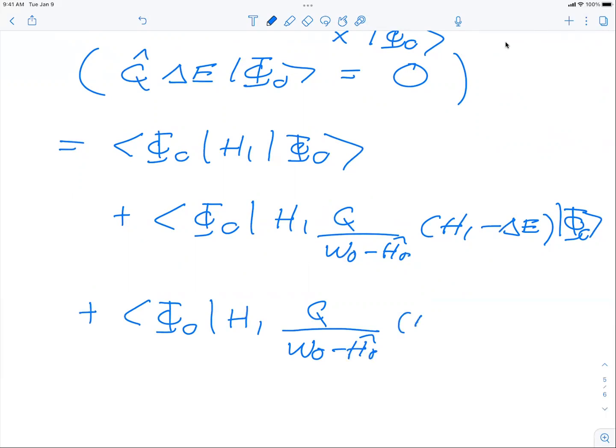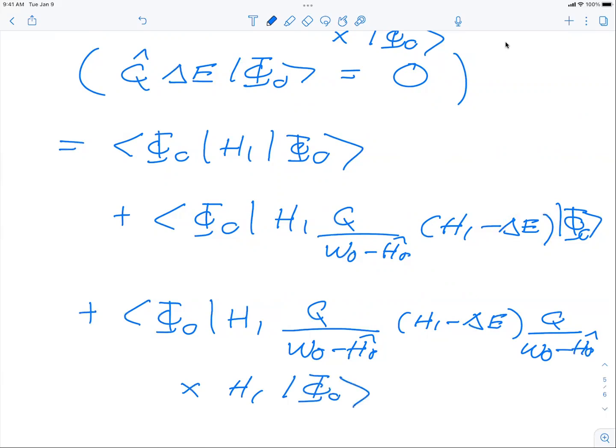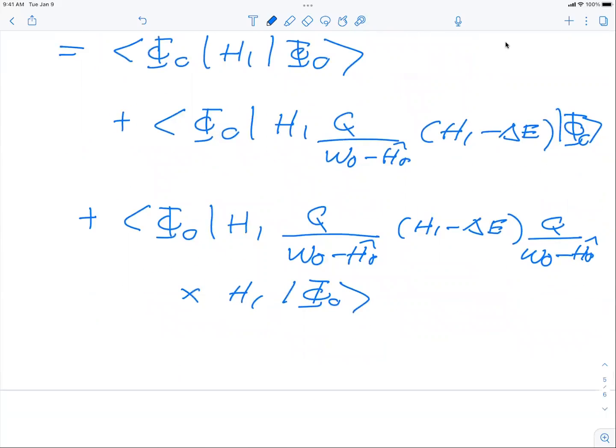And now we're going to have H of I minus delta E. And then we have a new term, which is given by Q of omega 0 minus H0 multiplied with H of I, because this term here also becomes 0 because it's acting on the ground state ansatz, and the operator Q is orthogonal to that state. So we are now getting an additional term here. And we can have higher order terms here.